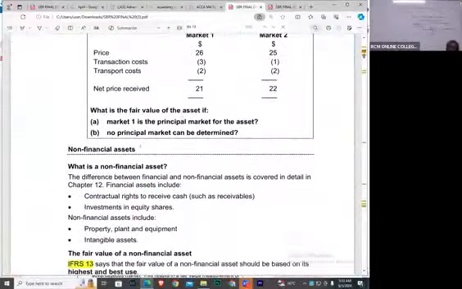Yes, then now we have non-financial assets. So for non-financial assets like property, plant, and equipment, how do we do fair valuations here? Very easy. What's a non-financial asset? The difference between financial and non-financial assets is covered in detail in chapter 12 here.